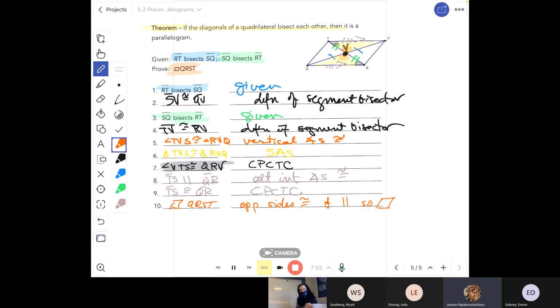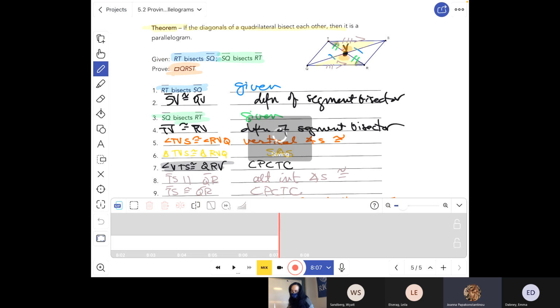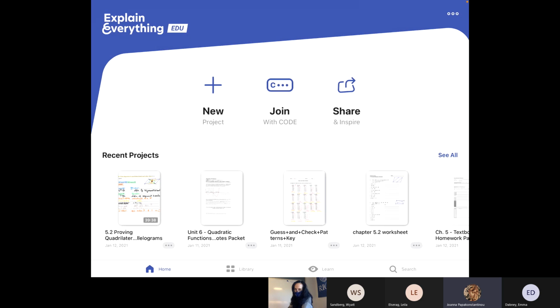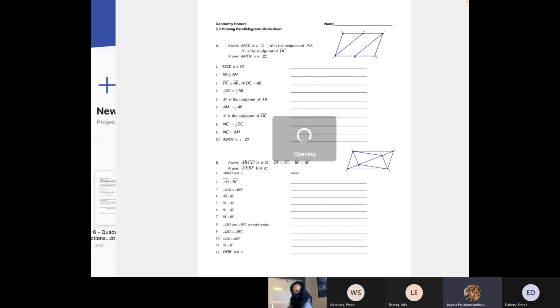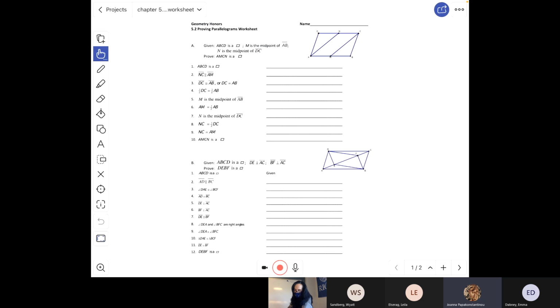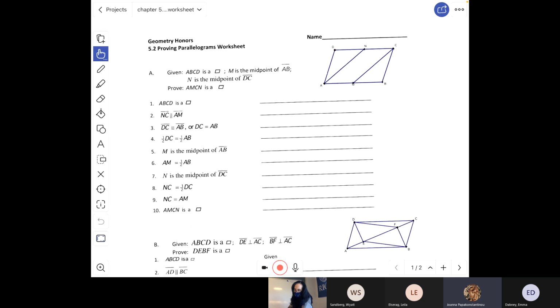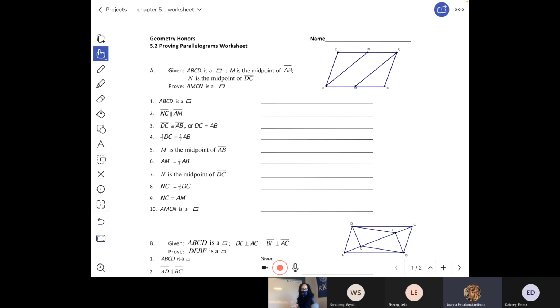On the worksheet, you have 4. Let's do the first 2. So we're working on this part of your homework.